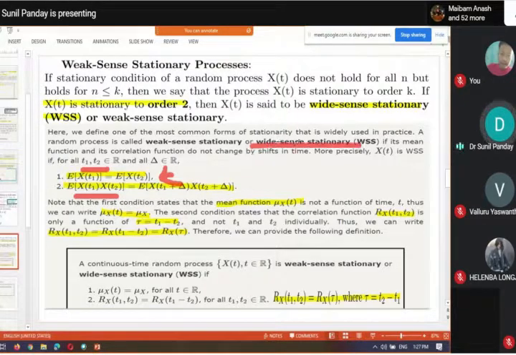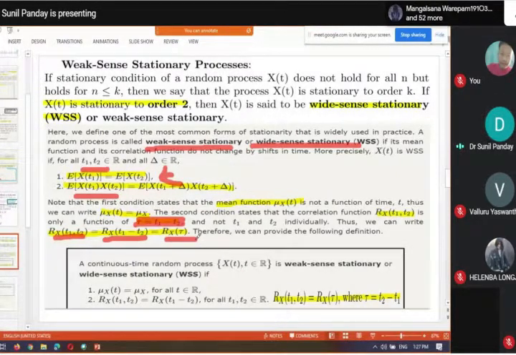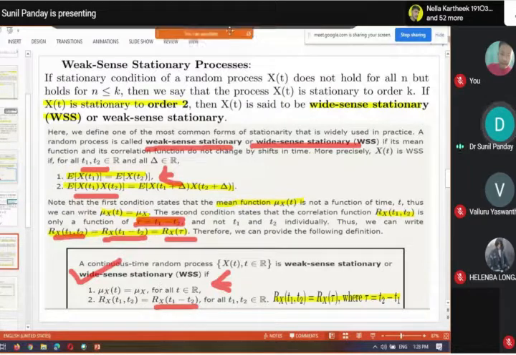This t1, t2 difference will be represented by tau, and it means Rx(t1, t2) is Rx(t1 minus t2), that is Rx(tau). So if the autocorrelation function becomes a function of the time difference t1 minus t2, and the mean function is independent of t, if you satisfy these two conditions, then we say that the given random process is a wide sense stationary process.